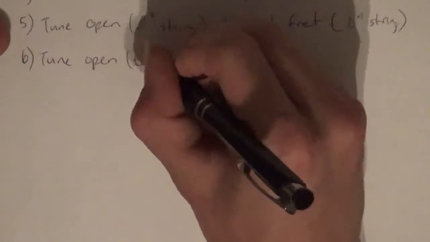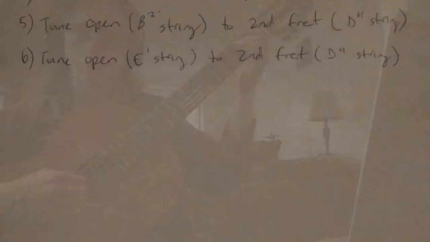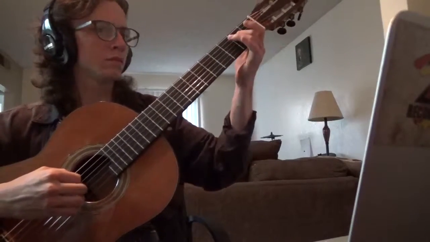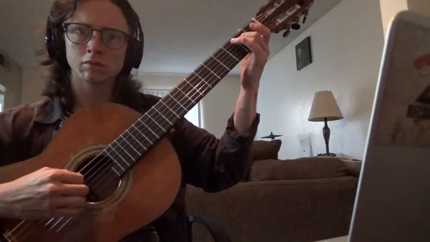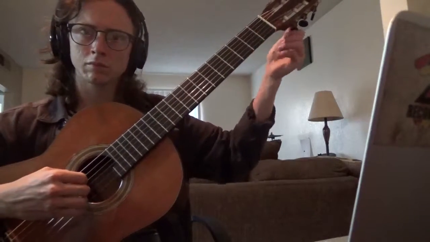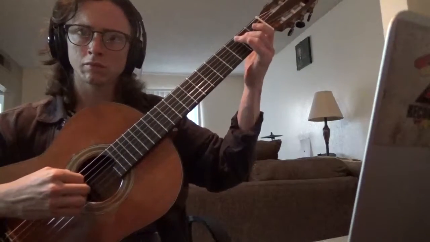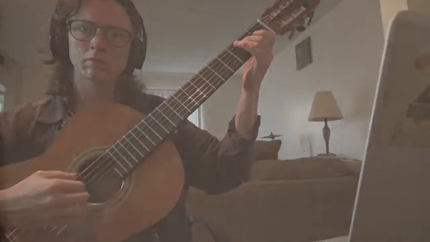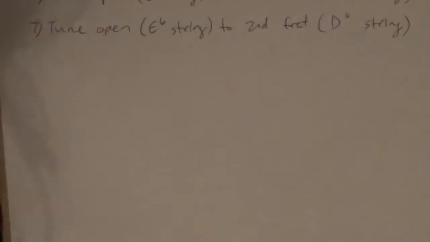Now you're going to tune your open E1 string to the second fret of your D string. All right, our last and final step, you're going to tune your E6 string to the second fret of your D string.